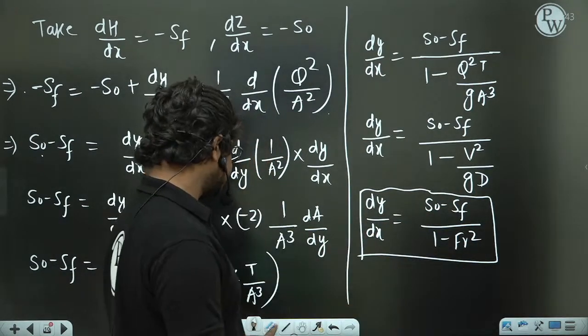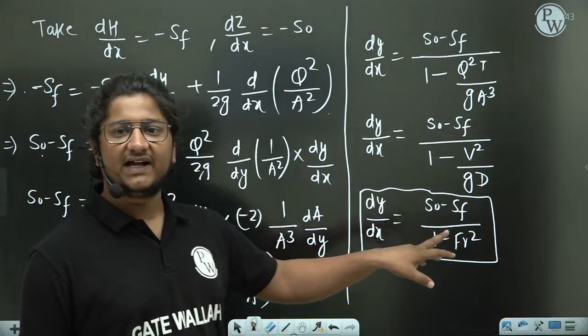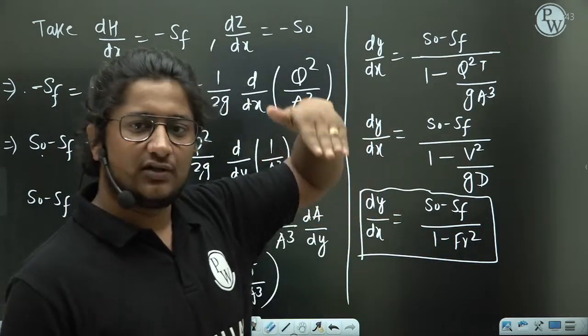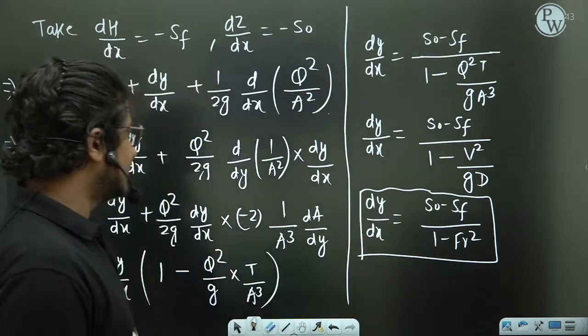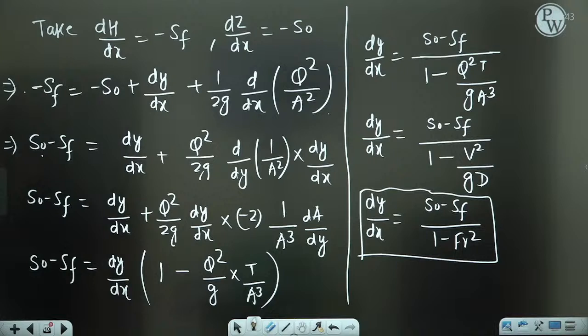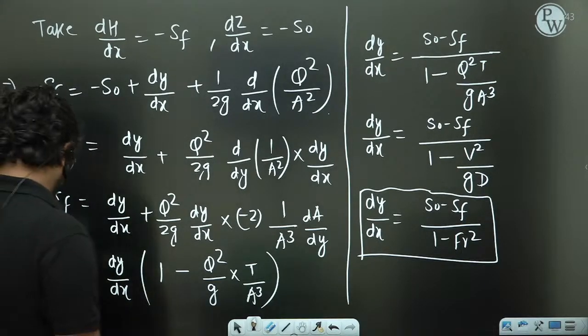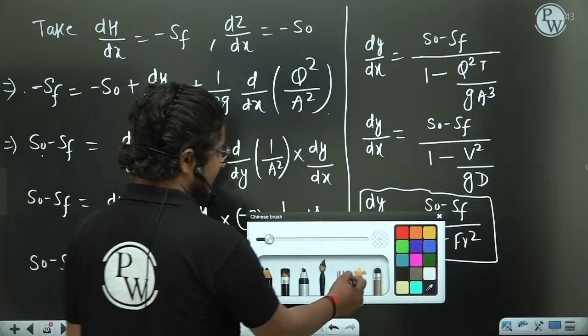Here we have assumed that our channel bottom is also going in the downward direction. This you need to take care. For this formula, we have assumed our channel bottom is going in the downward direction. If you want, you can write it down so that you will not forget this.